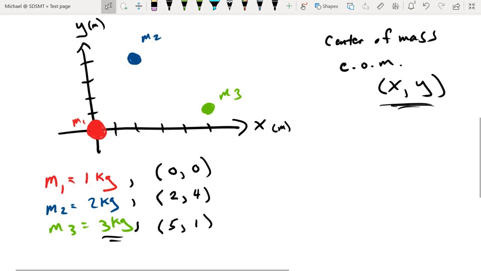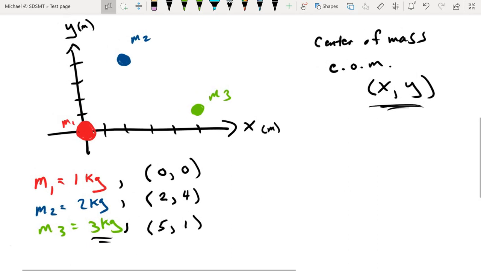So what I'm going to do to help us in understanding this concept is I'm going to draw an area where I'm guessing that the center of mass should be located. And to do that, I'll start by just connecting the 3 masses with some lines.